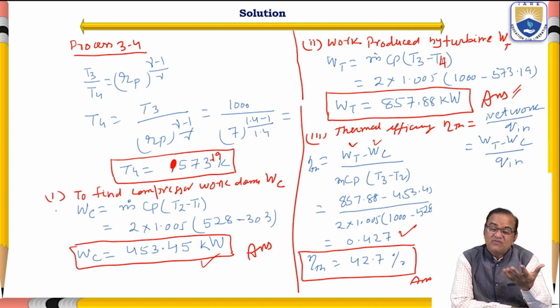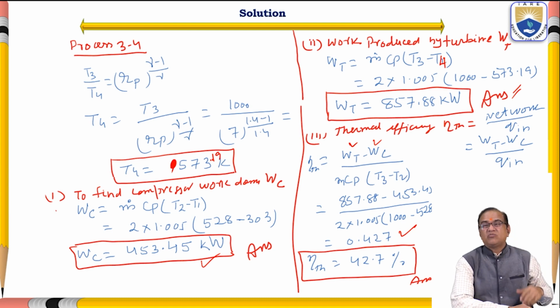But in the real scene, we will not get everything ideal. So many things, dynamic frictions, entropy will never remain constant. So the actual engine for this type of scenario may be 30%, 32%, not more than that.